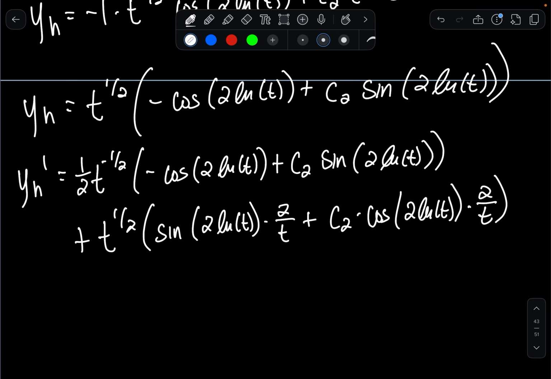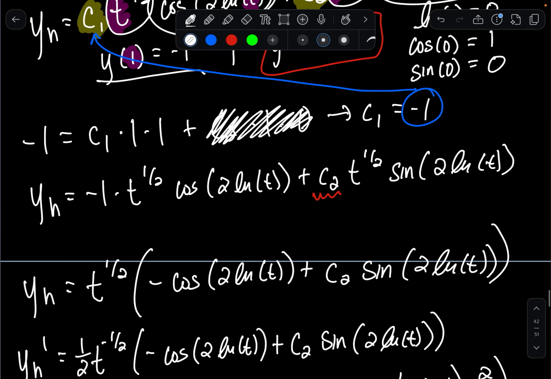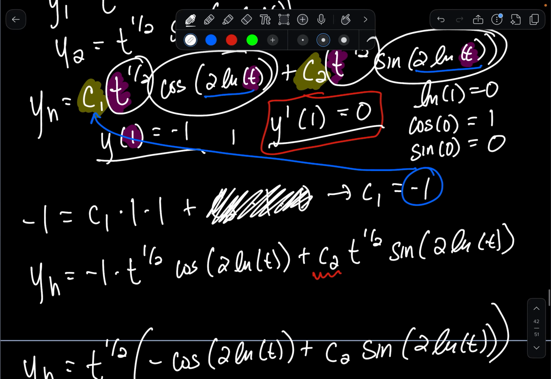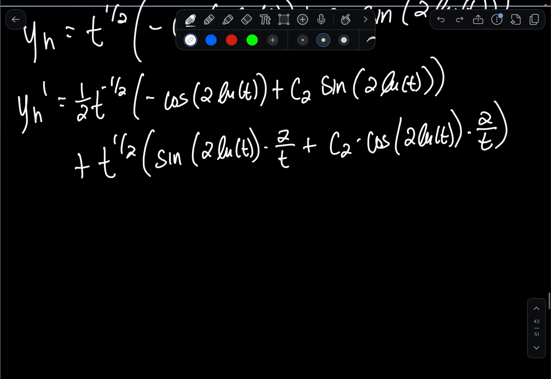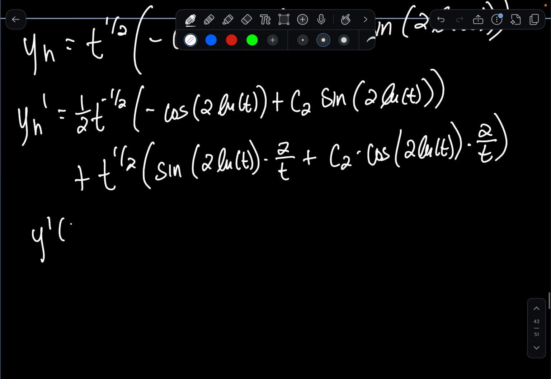So there's our derivative. And we need to use this condition, y prime of 1 is equal to 0. When we plug in 1 for t, it will go here, which will make this natural log of 1, which is a 0.